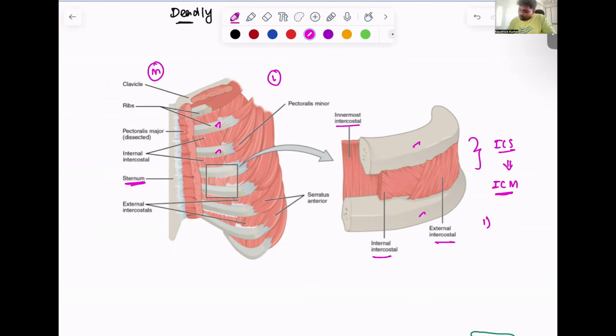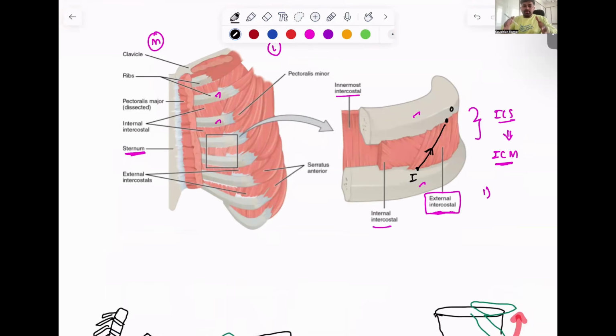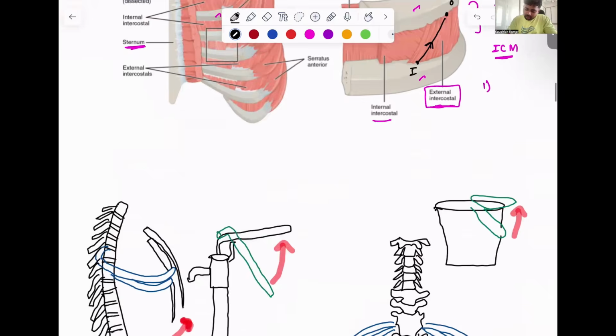So we are going to study only about this external intercostal muscle, which brings about inspiration, right? The origin point of external intercostal is this one, and the insertion is on the lower rib. Right? So whenever this external intercostal contracts, it contracts from insertion to origin, right? Whenever external intercostal contracts, it lifts up the thoracic cage like this. It brings about two different movements, which is very important for us to understand.